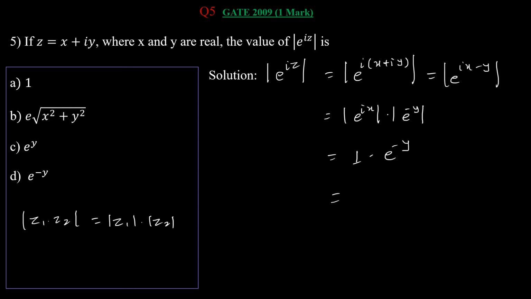So finally, because it is the real one, we have e to the power minus y. So option D is the correct answer. So I have shown here both ways. Whatever you understand, you can approach. Okay, very quick. We come to the next question.